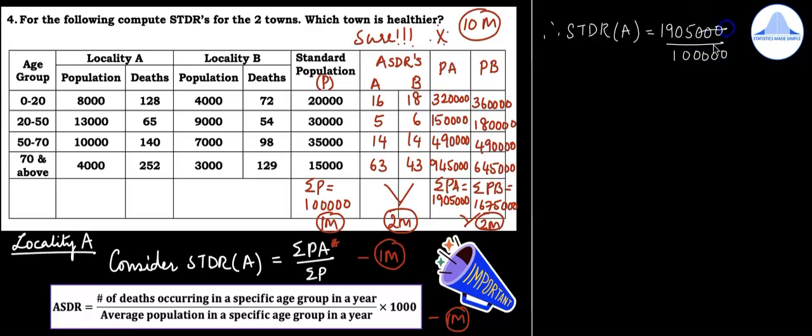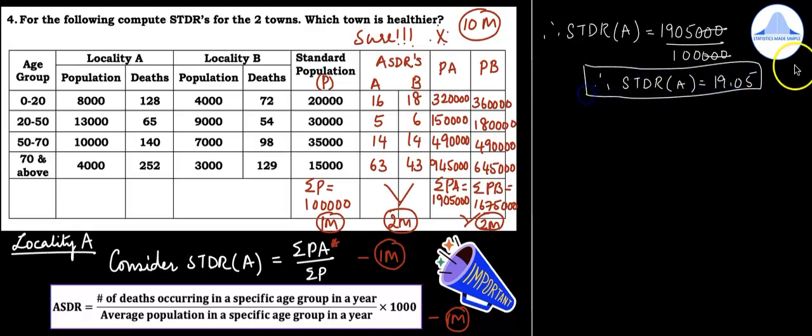So 3 zeros in the numerator and 3 zeros in the denominator will get cancelled, and you will get STDR of A is equal to 19.05. This will carry 1 mark.